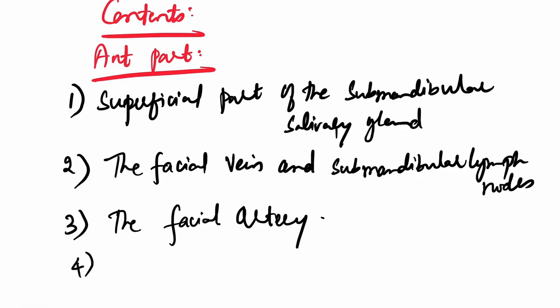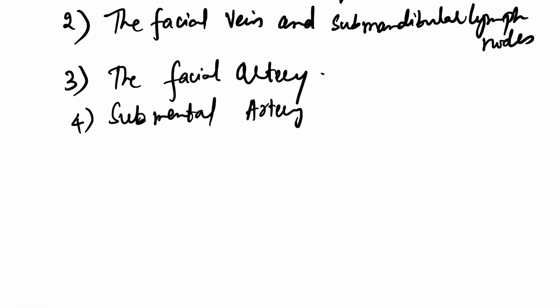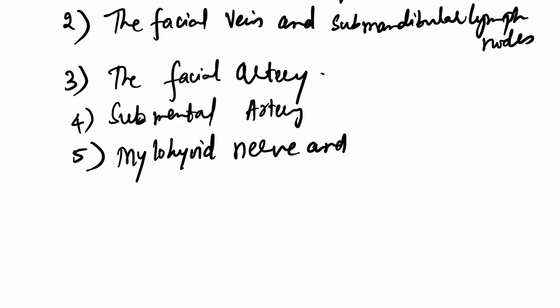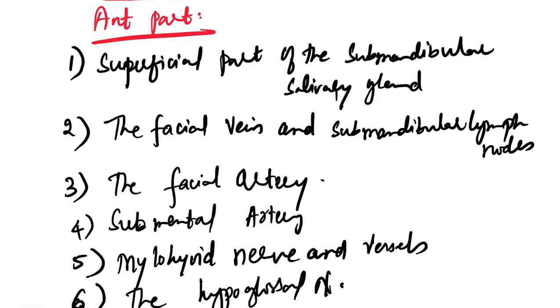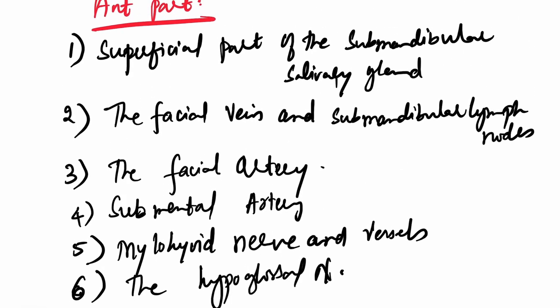Then also there is the submental artery, then the mylohyoid nerve and vessels, then the hypoglossal nerve. These are the structures which are present in the anterior part, that is the contents in the digastric triangle anterior part.